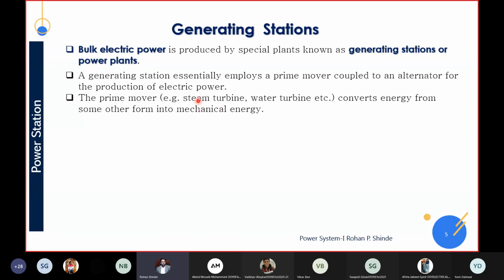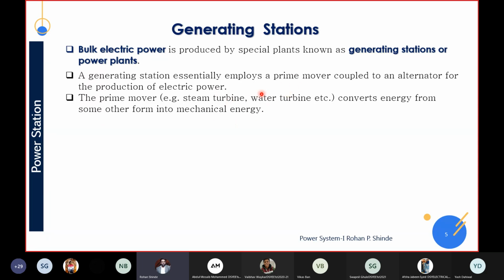That means in the steam turbine, steam energy or heat energy is there as input, but the output is mechanical energy. That means mechanical rotation. So for this turbine, input is thermal energy and output is mechanical energy.